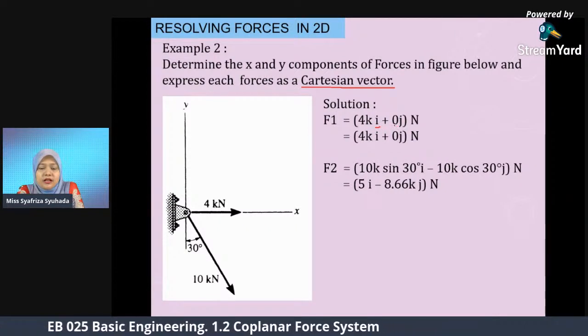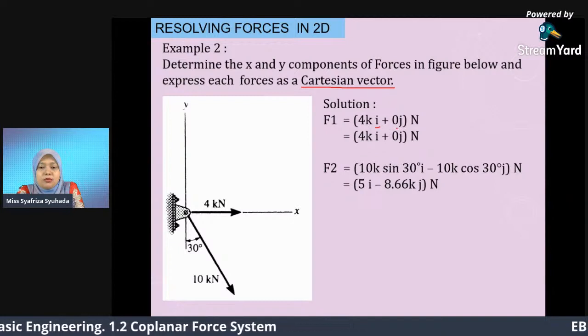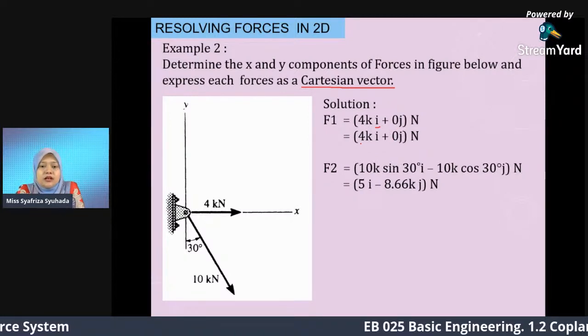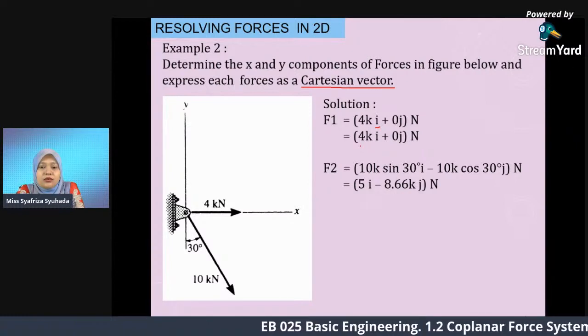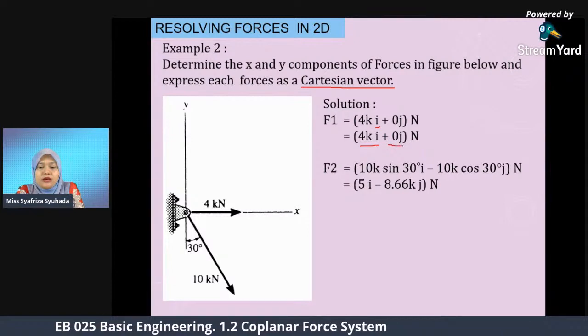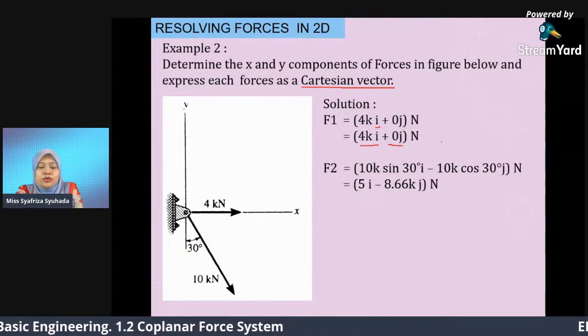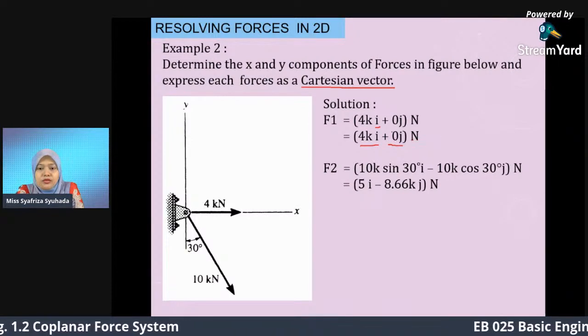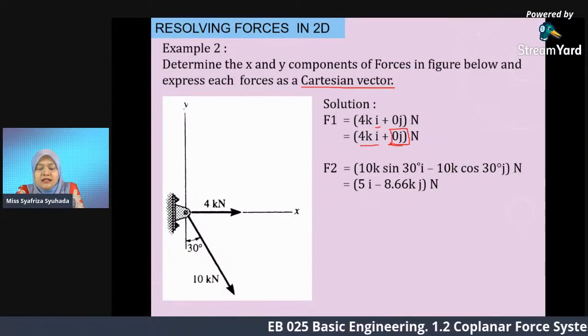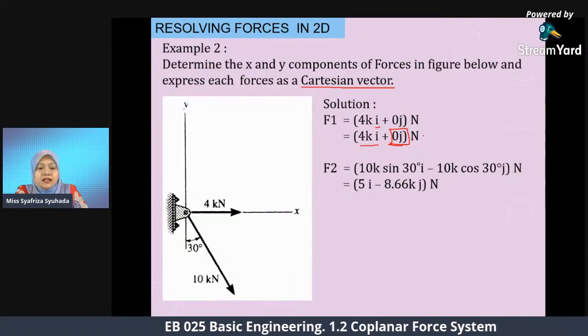Walaupun, okay, ingat betul-betul, walaupun tidak mempunyai nilai tetapi dia mesti ditulis. Okay, 4I untuk paksi X dan plus 0J untuk paksi Y. Walaupun 0 tetapi mesti dinyatakan. Jika tidak dinyatakan adalah salah.